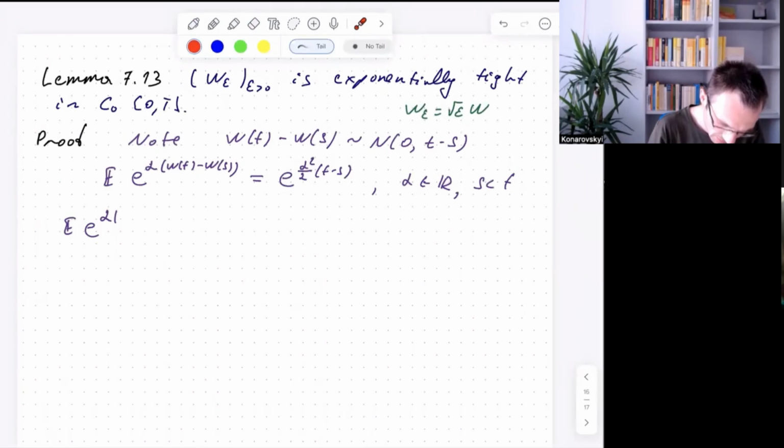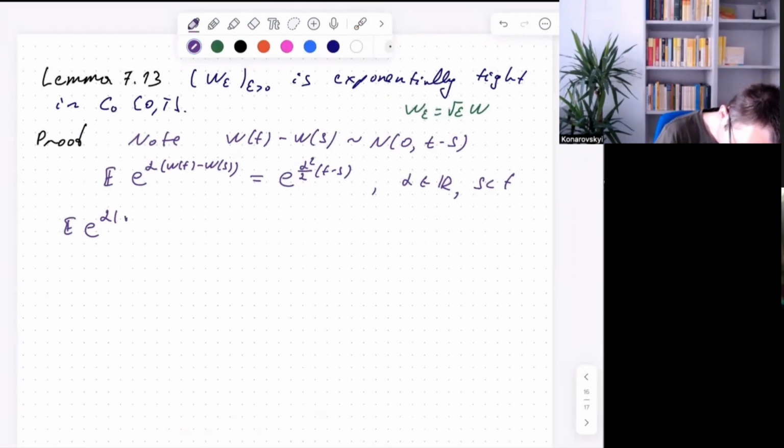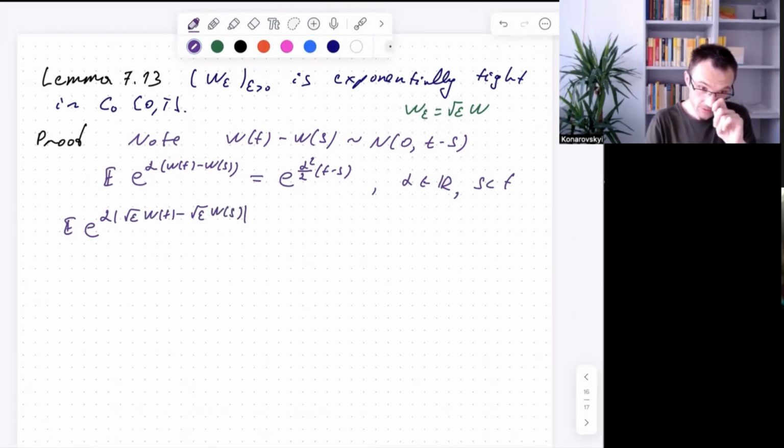Let's do some computations to see what we obtain. It is square root of epsilon, because we want to work with W^epsilon: square root of epsilon W_t minus square root of epsilon W_s, with the absolute value.